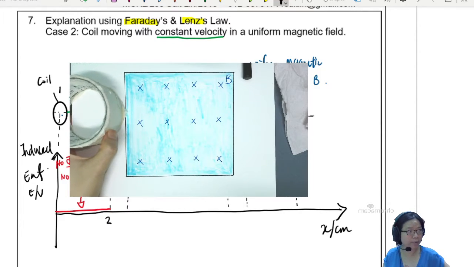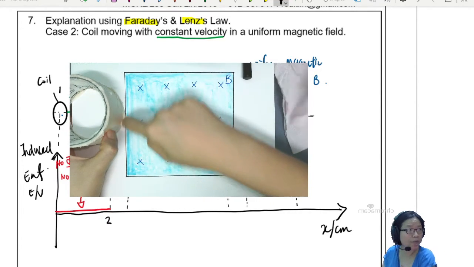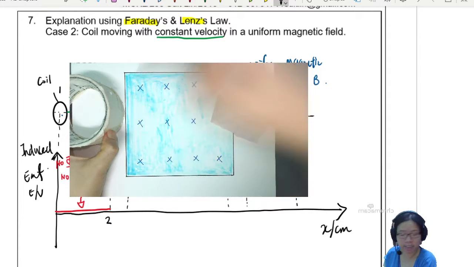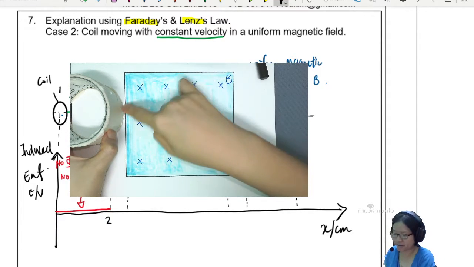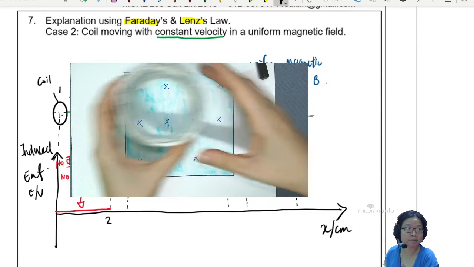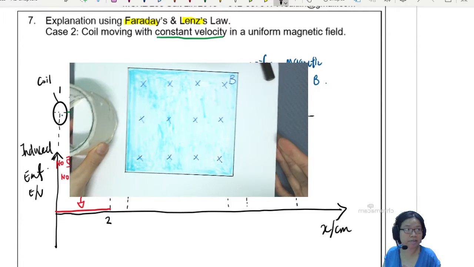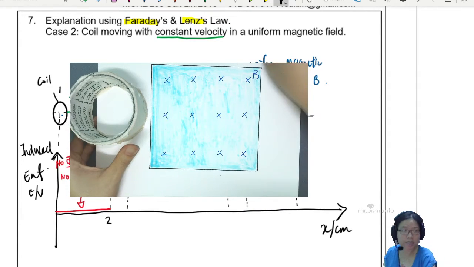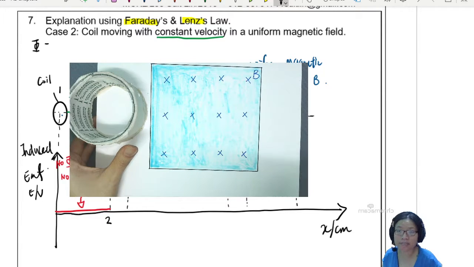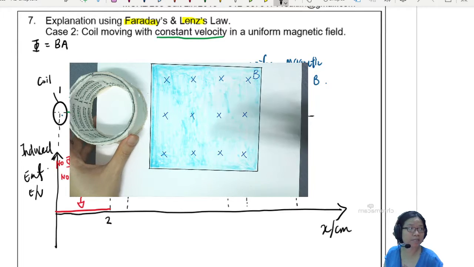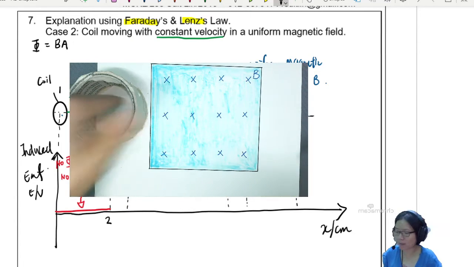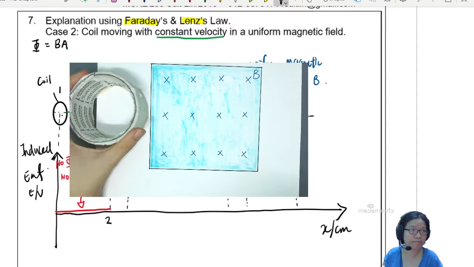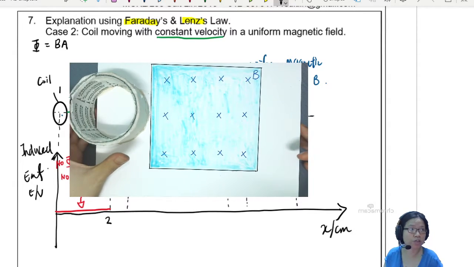When this edge is touching the magnetic field, remember that the magnetic flux linkage here is equal to BA. Right now at this position, there is no magnetic flux inside this coil, no blue shaded area.